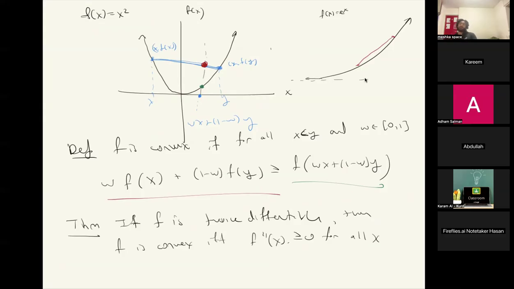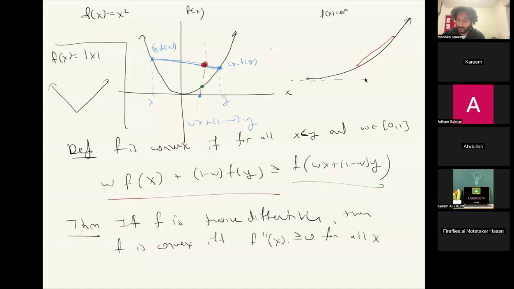Okay, excellent. The one thing I want to point out is you have to be very careful. These aren't equivalent notions. Let me give an example. Consider the function f of x equals absolute value x. The graph looks like this.